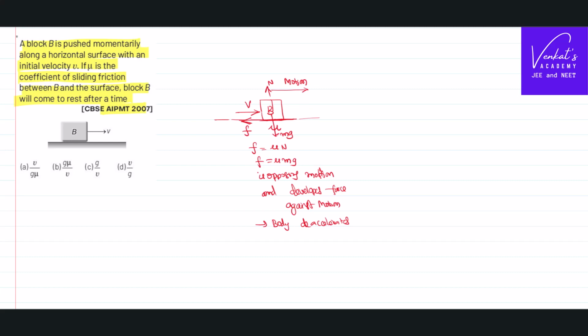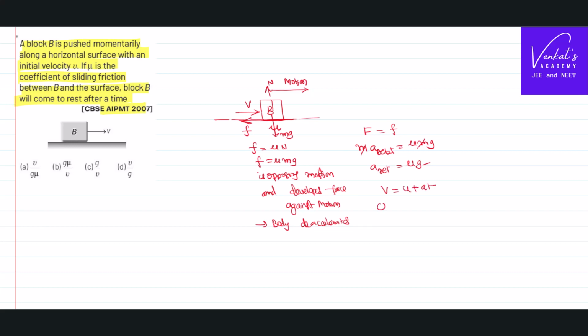Therefore, the retarding force acting is nothing but the frictional force. M into a, the retardation, equals mu into mg. So the retardation here due to the friction equals mu g. Once we have an acceleration, I can say v equals u plus at.